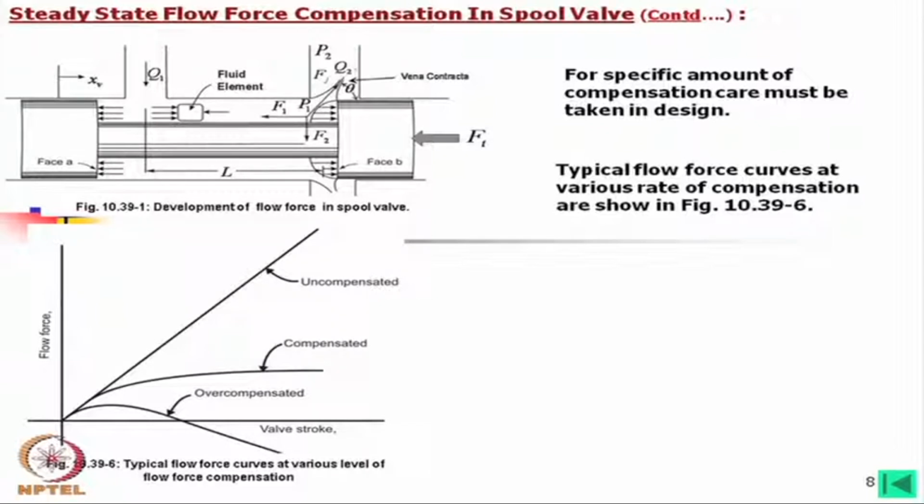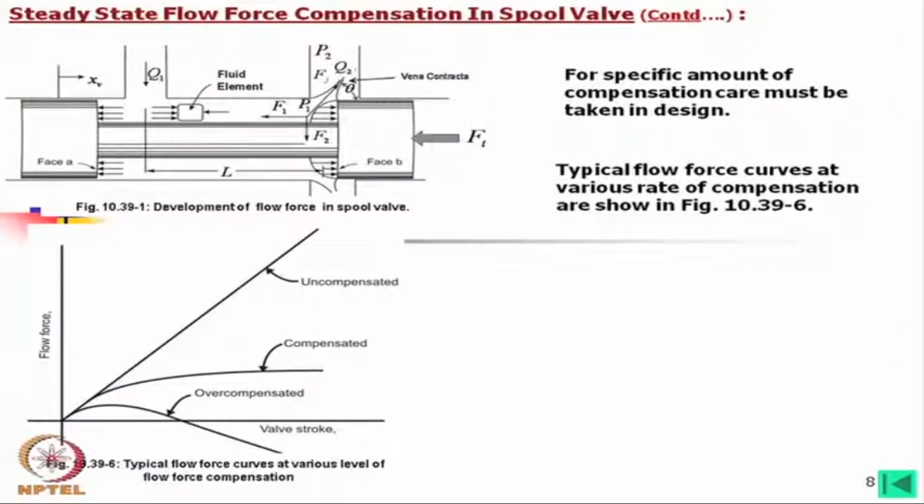We are giving the force in the direction of the stroke, but if the flow force is overcompensated, it means the flow force is trying to open the valve. That means, if we keep the valve without any force, due to the flow force, if there is leakage, that will try to move. So, controlling an overcompensated valve is difficult.